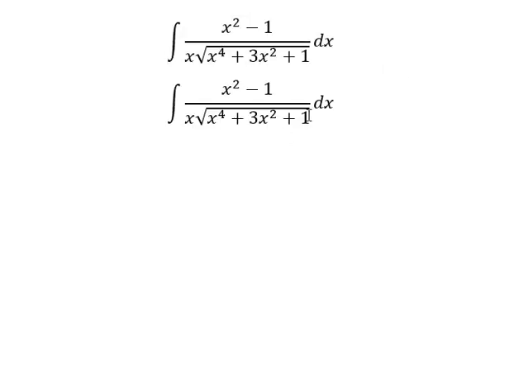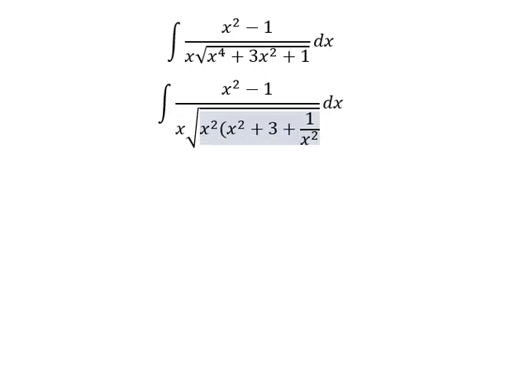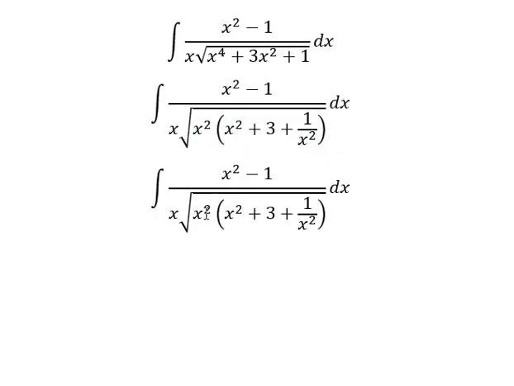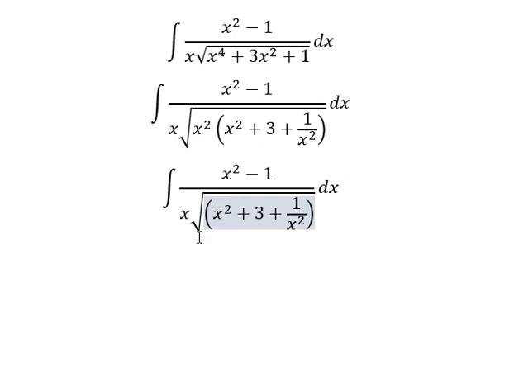We can do factorization by s to the power of 2. So the square root of s square, you got s. So s and s, we have s square.